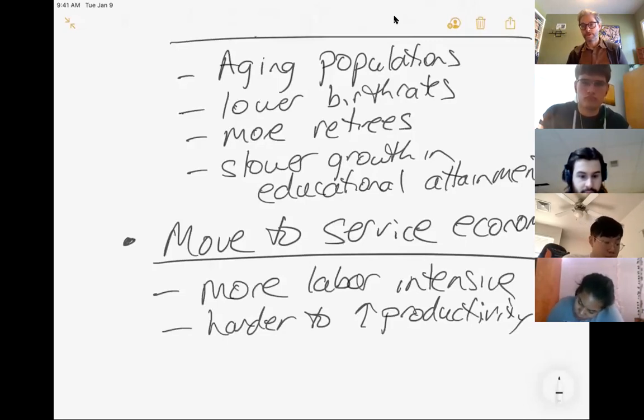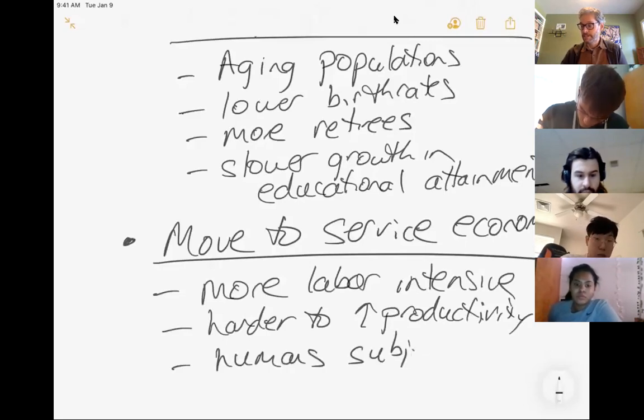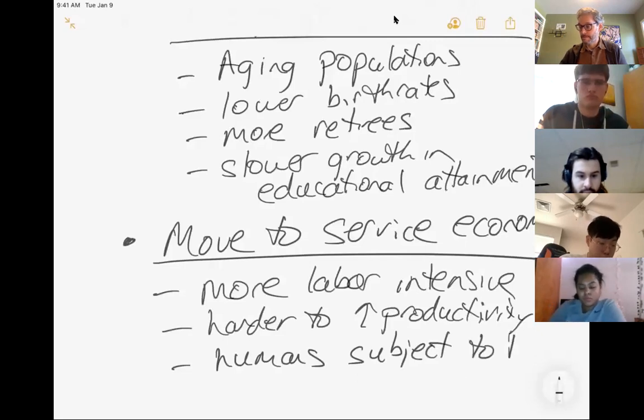Why have we moved to a service-based economy? Well, there's a lot of reasons, but part of it is we've become so productive at manufacturing that we need very few people to make the physical things that we need. So more and more we spend money on services. And there is some argument that it's harder, in part because humans are subject to diminishing marginal returns.